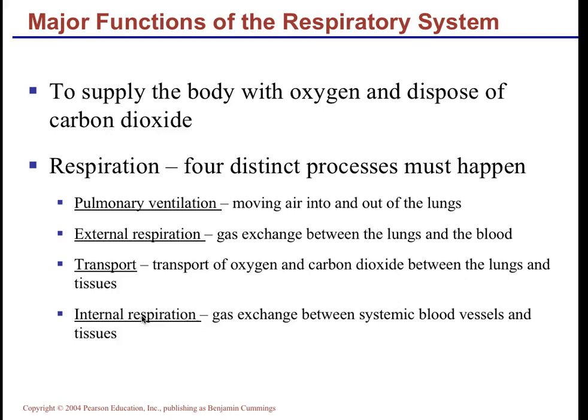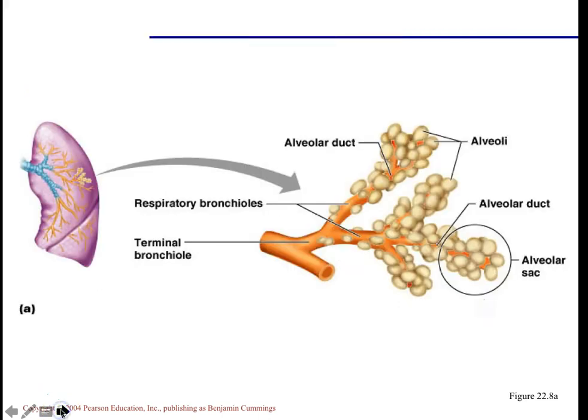At that level, when you get down to the systemic capillaries, it delivers the oxygen and the glucose. And then you have to get rid of the waste products of cell respiration, which is carbon dioxide gas and water, and then venous blood brings that back to the heart. So the fact that all of this is done within the body, that's the reason why they call it internal respiration. And some of this we'll discuss in this PowerPoint, and some of it we'll discuss in the next PowerPoint.